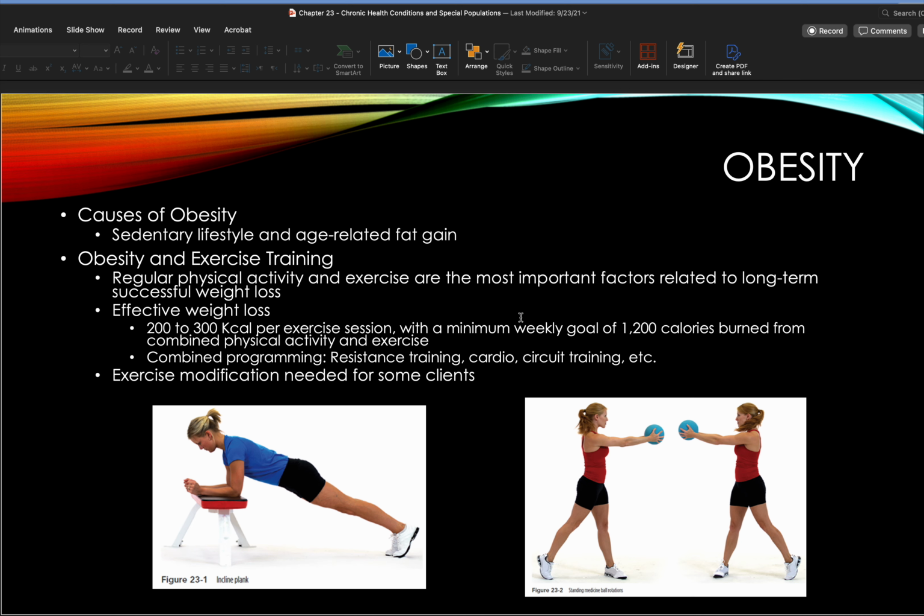So really, what are the causes of obesity? Sedentary lifestyle, age-related fat gain. People want to throw nutrition under the bus for that, or the quality of nutrition in terms of what we eat. Sure, okay. But again, we can control what we eat and choose the quality of food we have.